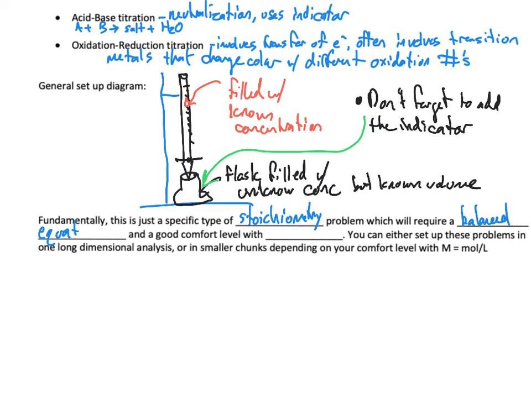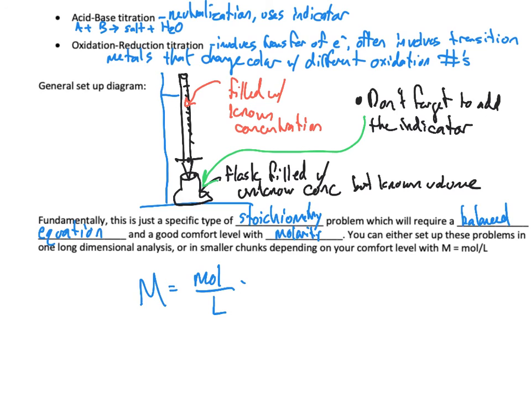Now, the nice thing is that neutralization reactions are almost always a 1-to-1, no coefficients needed to balance them. So it actually makes it pretty easy. You just have to have a good comfort level with molarity. So remember, molarity is moles over liters.